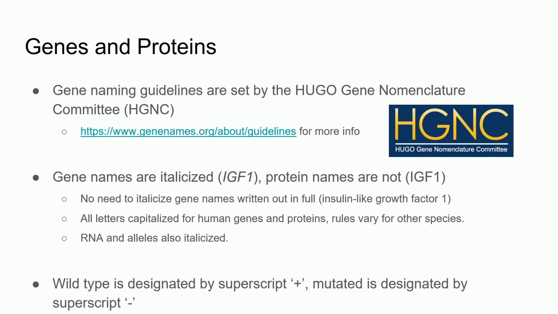Some of the more commonly encountered and useful rules to know include using italics for gene names and normal font for protein names to help distinguish these two in texts. Wild-type genes are designated with a superscript plus sign, while mutated genes will have a negative sign. Many other rules exist, and if you are interested, you can check out their guidelines at the link provided.